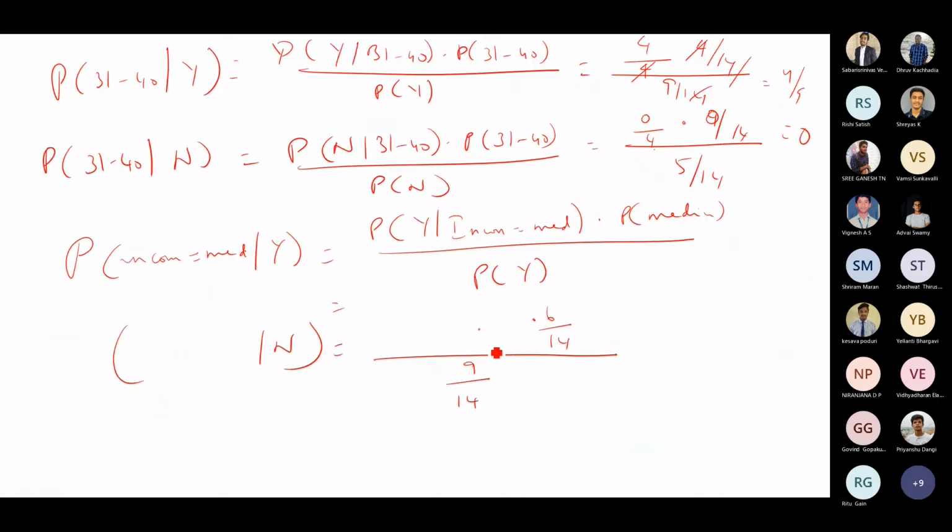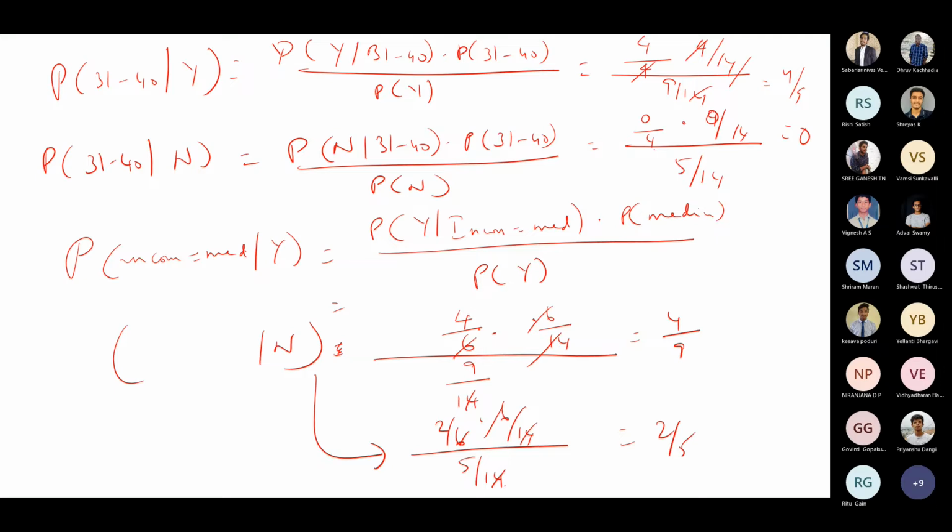So 4 yes are there, so 4 divided by 6. This is for yes, and for no, the denominator is 5 by 14. This will be 2 by 6, this is 6 by 14, resulting in 2 by 5.